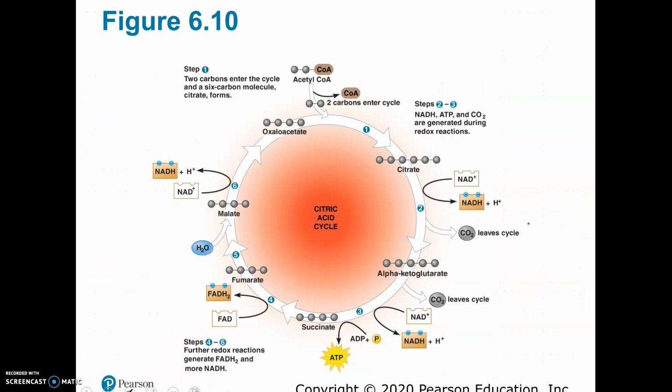Technically, the citric acid cycle itself only makes 4 CO2s, and the other 2 originally were from the oxidation of pyruvate step, that little step before. So right here is the oxidation of pyruvate step. This is the acetyl-CoA from that step entering the Krebs cycle, or citric acid cycle.